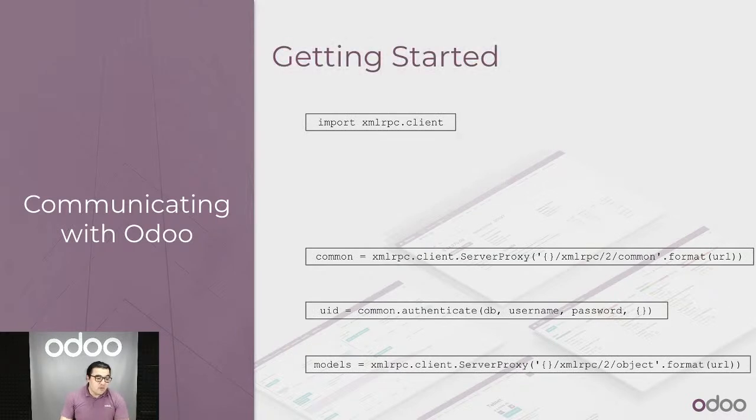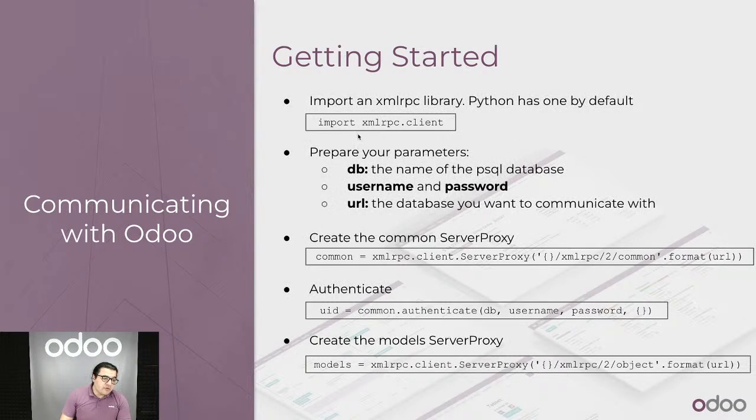So basically, this is how we are going to be using XML-RPC with Odoo. Many programming languages provide a set of XML-RPC built-ins, and I'm going to be using Python for this tutorial right here. The first thing you want to do is basically to import xmlrpc.client.